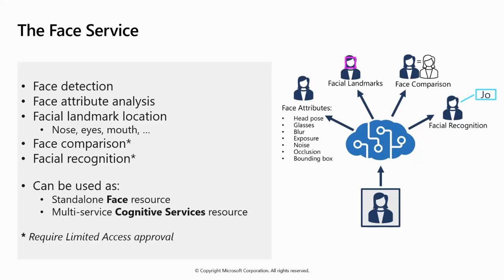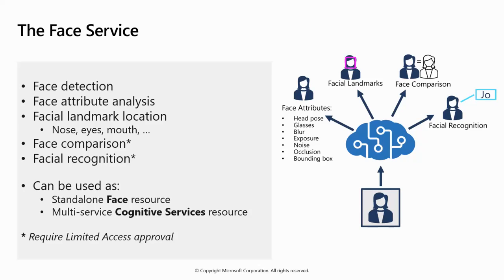Whether the person has glasses, no glasses, reading glasses, swimming goggles, or sunglasses. Blur, if it is a portrait photo, like in this case, is low, medium, or high.